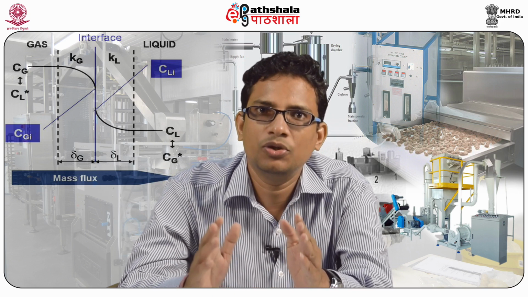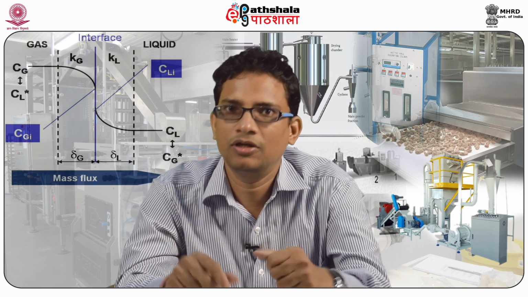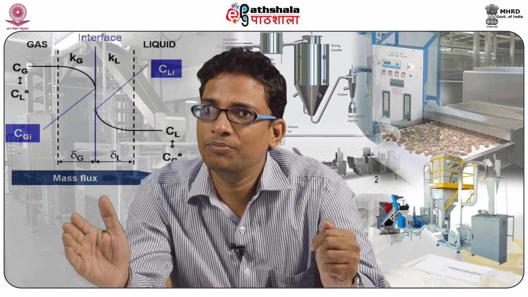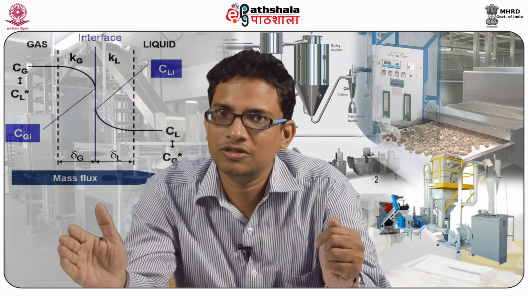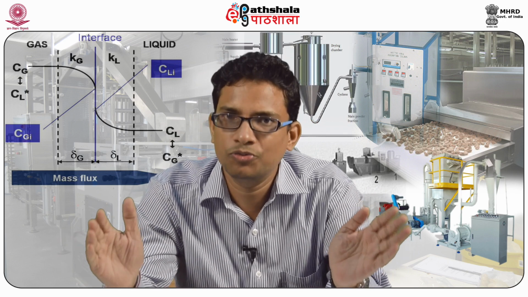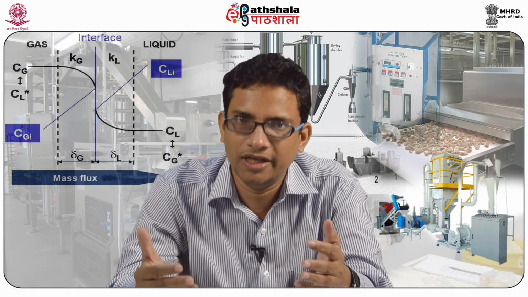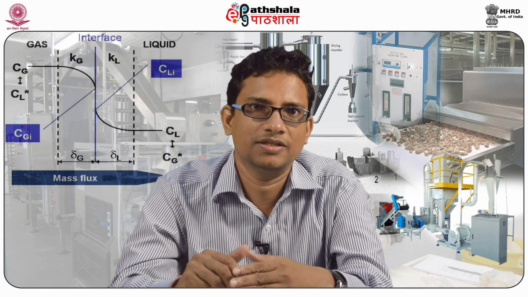Suppose we are doing the pasteurization of milk. What is the inlet flow rate of the milk? What is the inlet temperature of the milk? And as per requirement, if the outlet temperature of the milk is this much, as per the flow rate, what should be the size of the heat exchanger if it is a shell and tube heat exchanger? What is the area requirement? That we can analyze.